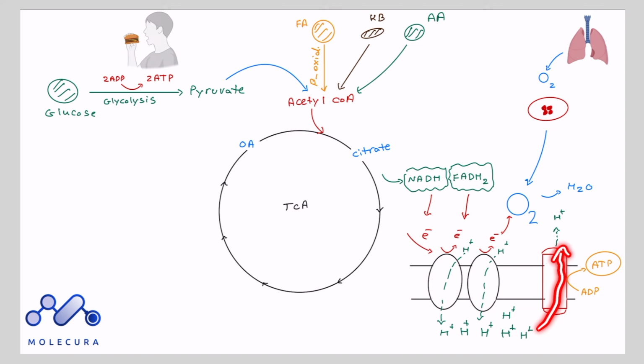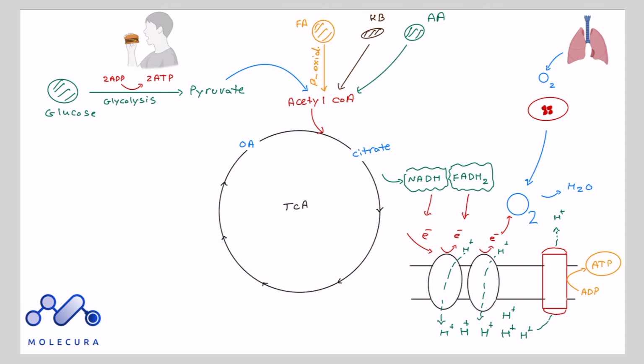These protons are going to go back to the matrix of the mitochondria, and ADP is going to be converted to ATP, and we're going to have mass production of adenosine triphosphate. The last acceptor of the electron is going to be oxygen, which is going to get reduced to water.